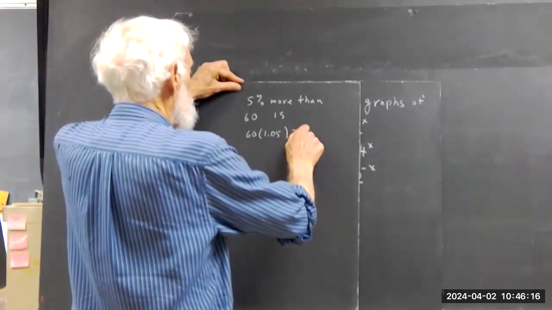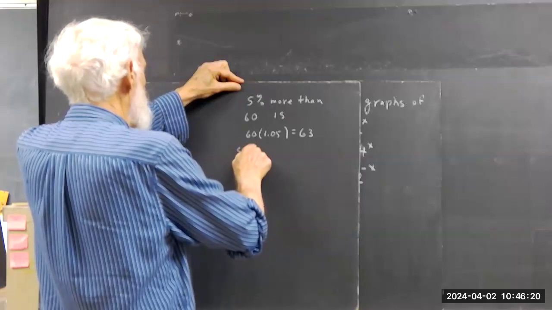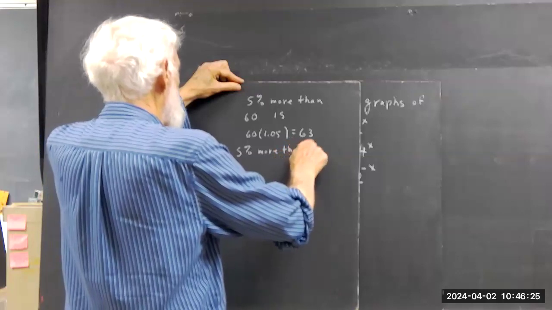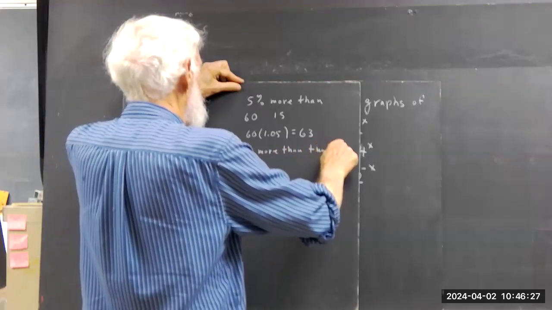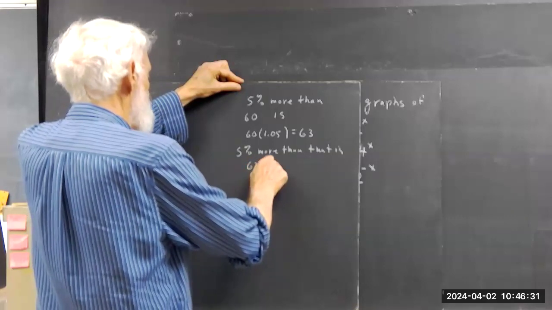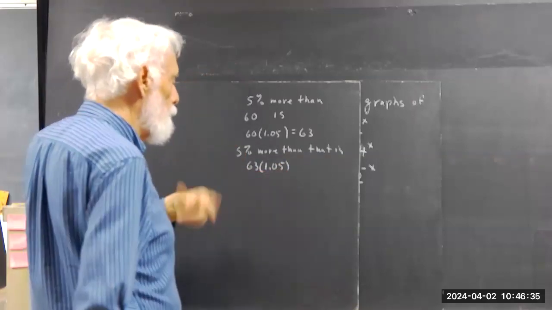But of course, that is 63. 5% more than a number is always 1.05 times the number.